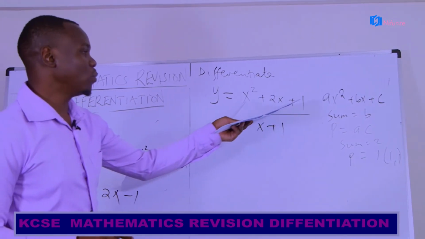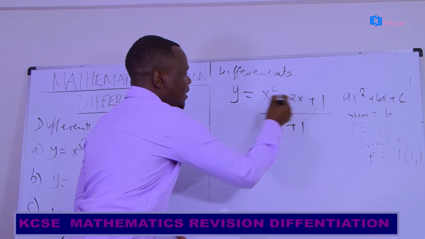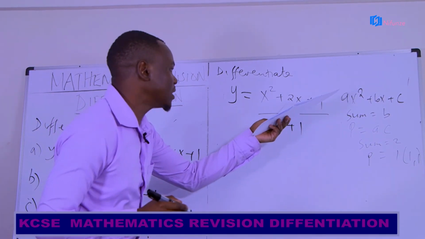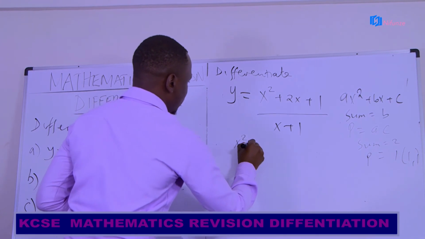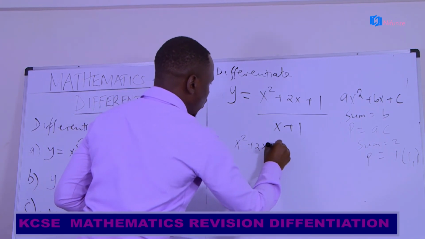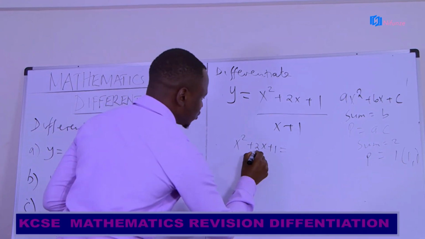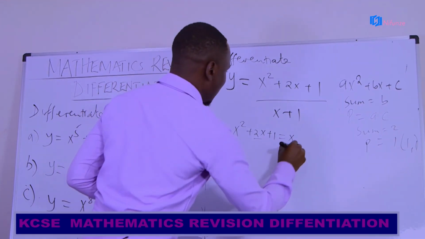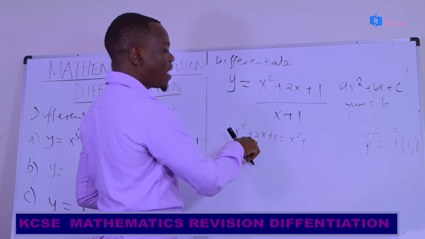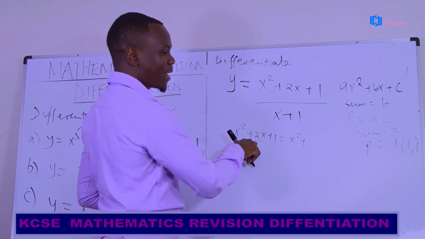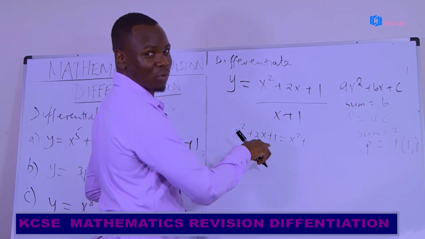So we will factorize by splitting the middle term, that's b. So let's factorize. So x squared plus 2x plus 1 will give us, now we factorize, we split this, it will give us x squared plus, now this will be 1 and 1. 1x, we don't write 1x, we'll write x.